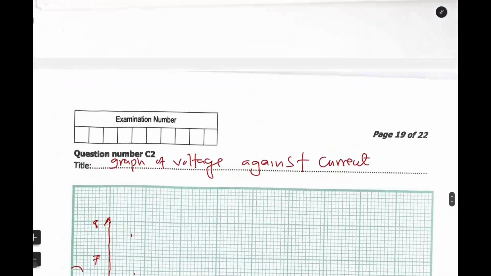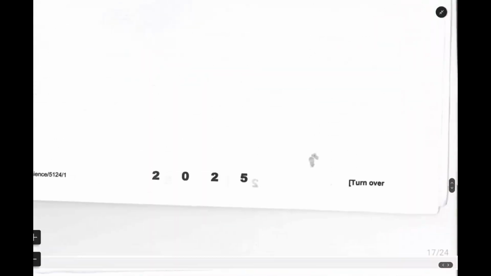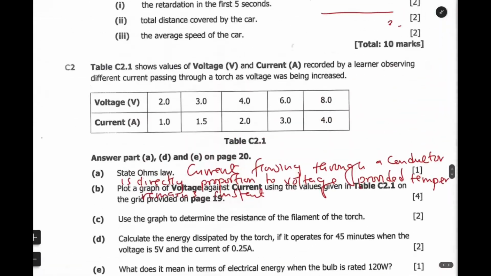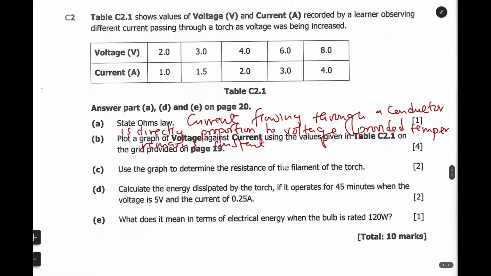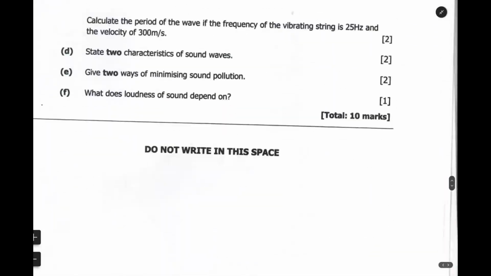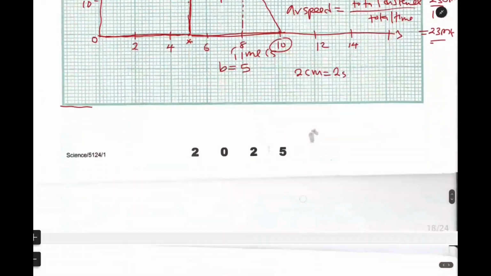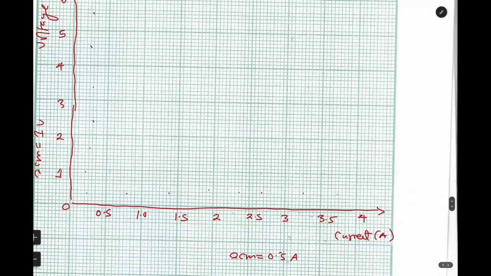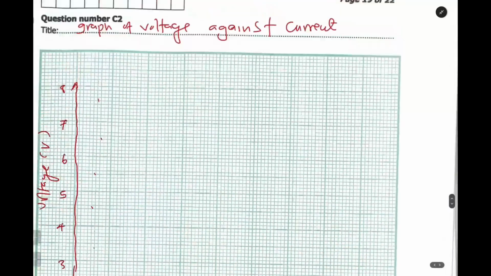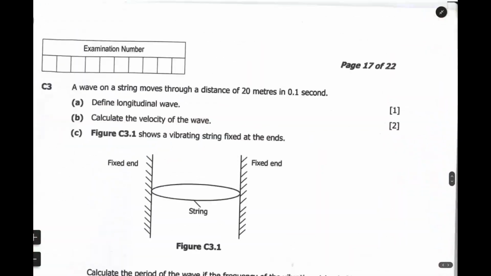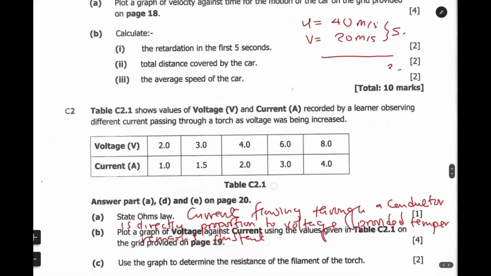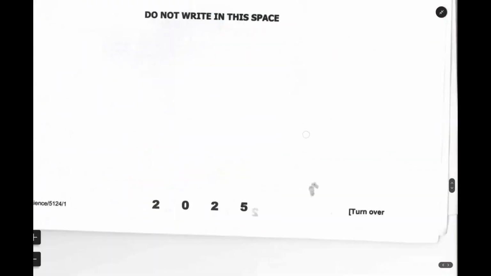Now, let us graph. The first point that we are going to graph is current 1, voltage 2. So 1, 2, right here. Then the second that we are going to put is 1.5, 3.